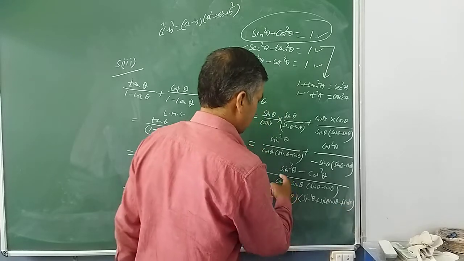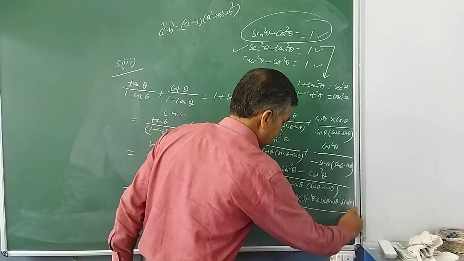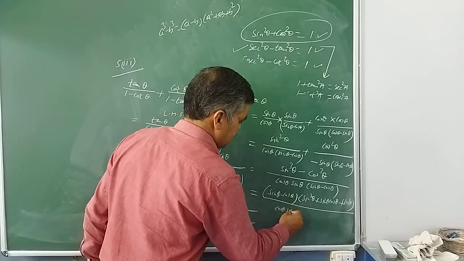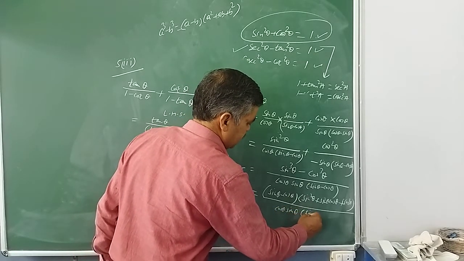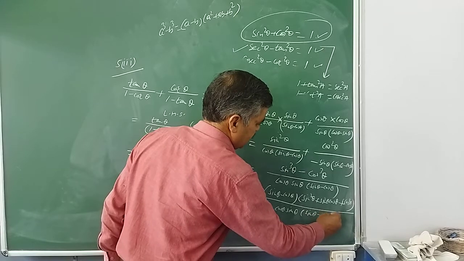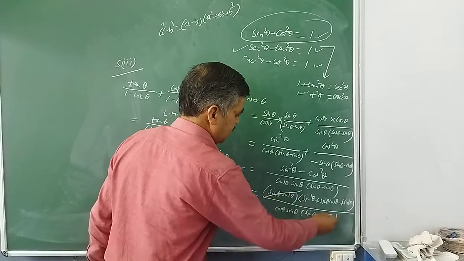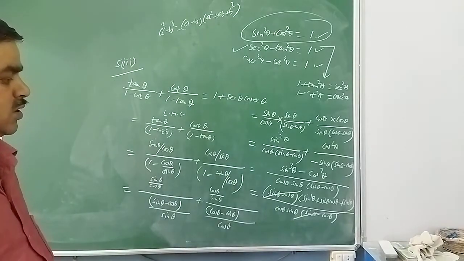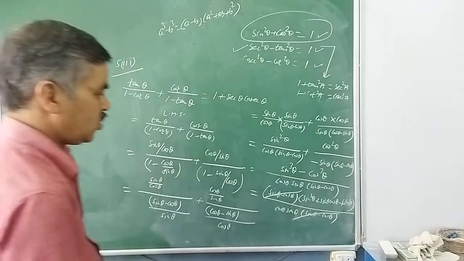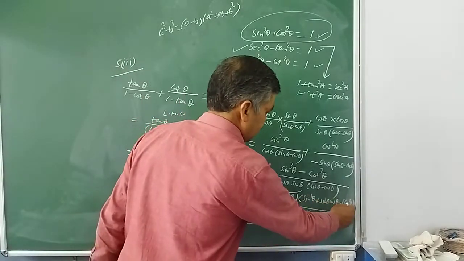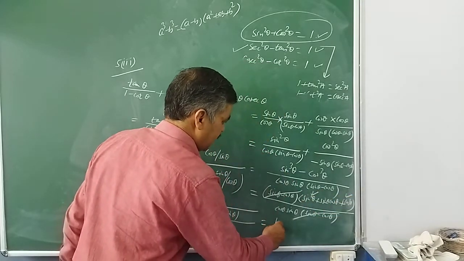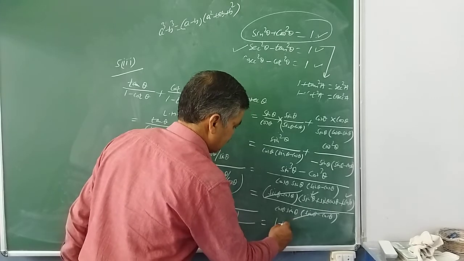So a cube minus b cube I have solved here, and here it will be cos theta sin theta into sin theta minus cos theta. So this directly I can cancel sin theta minus cos theta with sin theta minus cos theta. Now you look at this. Sin square theta plus cos square theta, this plus this will give you 1 plus sin theta cos theta.